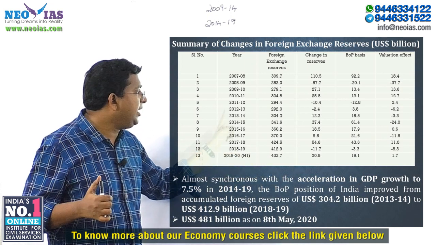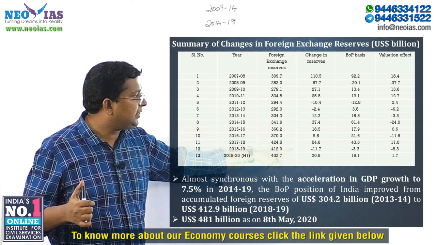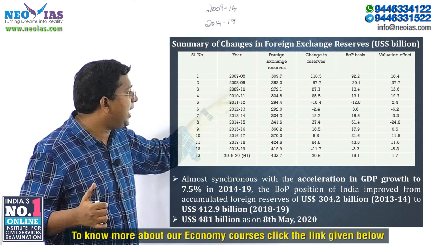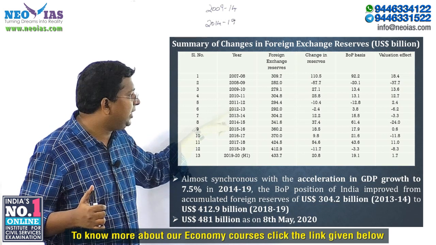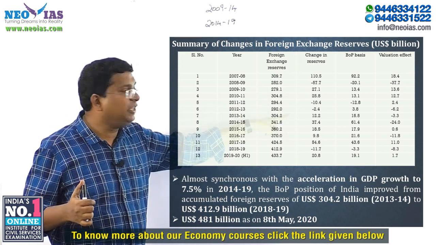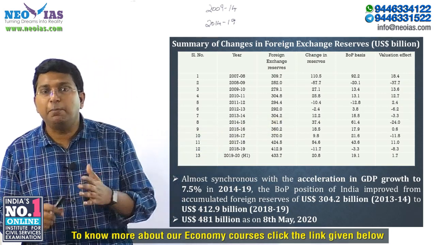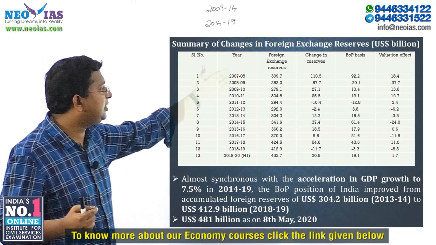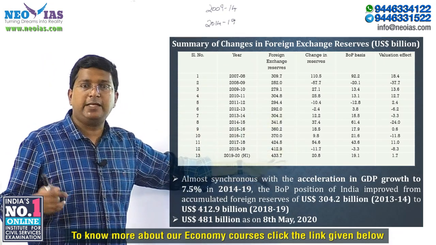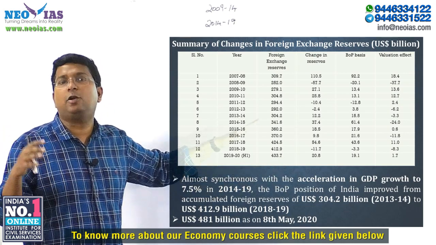Before that, in the last 5 years there was no BOP deficit, except in 11-12 and 12-13, when BOP went into deficit, or there was a decline in the foreign exchange reserve, mainly because of crises: the global financial crisis and the Eurozone crisis. Here in 18-19, it's mainly because of the foreign outflow and the slowdown in the global economy.